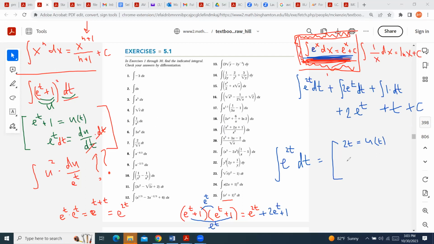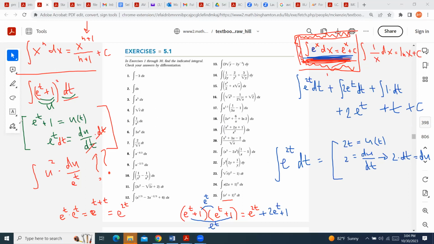So I take the derivative of 2t, which is 2 with respect to t, and the derivative of function u is du over dt, the derivative of function u with respect to t, which means that 2 times dt is equal to du. So what is this for?